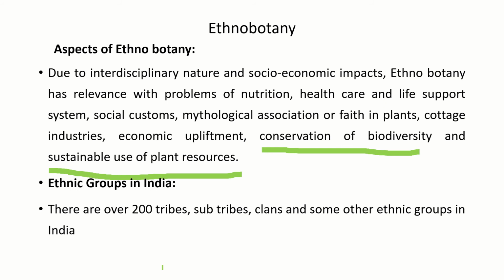If we have a proper knowledge about our plant wealth, we can really make the best use of these plants, which will help us indirectly in promoting sustainable development and will also in turn help us in conserving biodiversity. If we conserve biodiversity, this means what? We are actually making our future more and more secured.